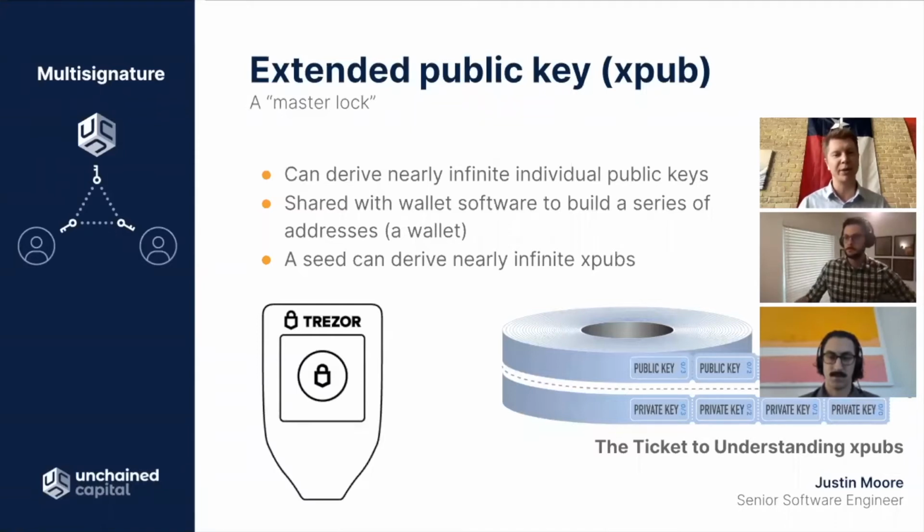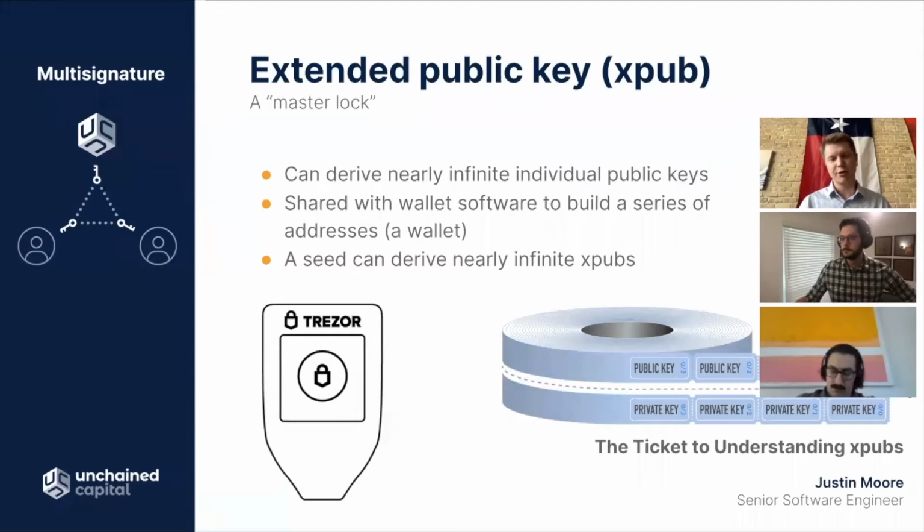So an XPub can derive nearly infinite individual public keys. So if a public key constructs an address, you can think about it as an extended public key constructs a series of addresses. So extended public keys are shared with wallet softwares in order to build a series of addresses or a wallet.